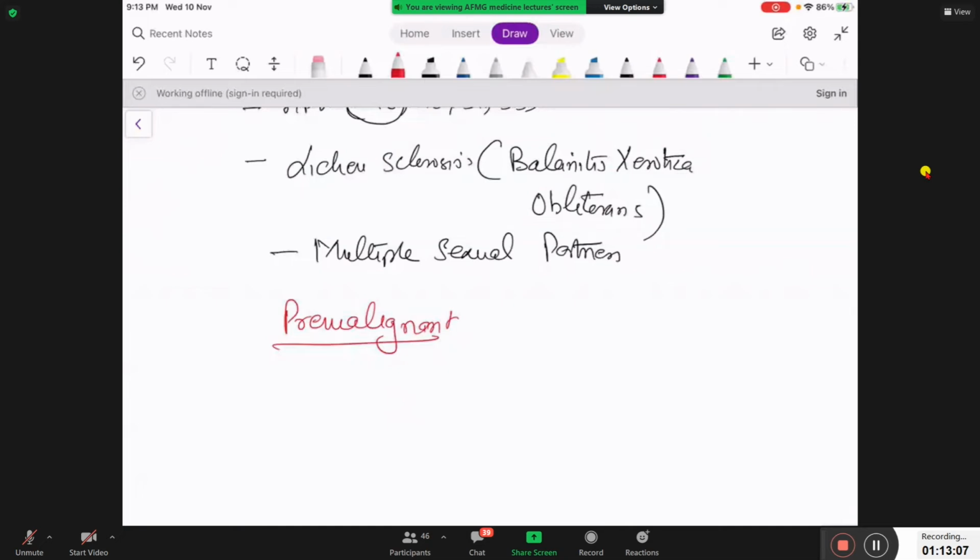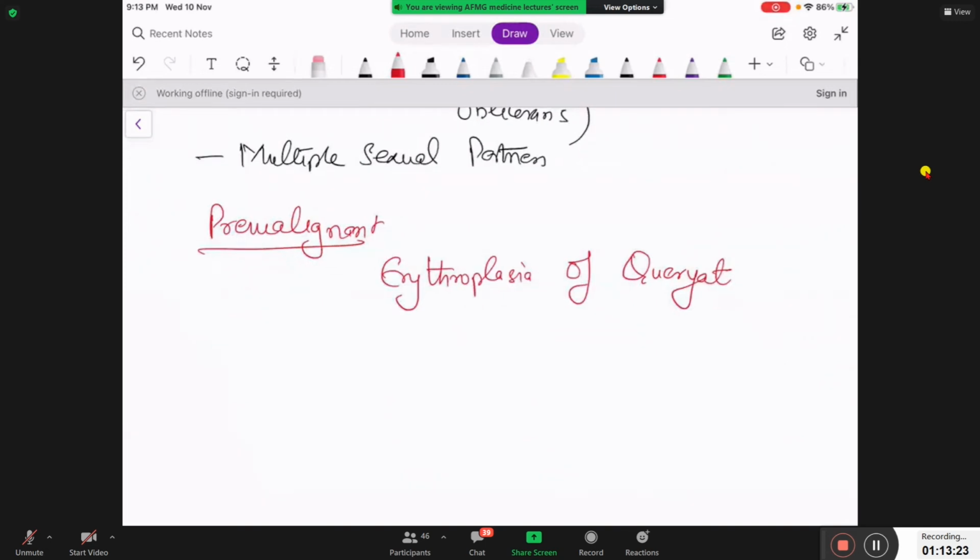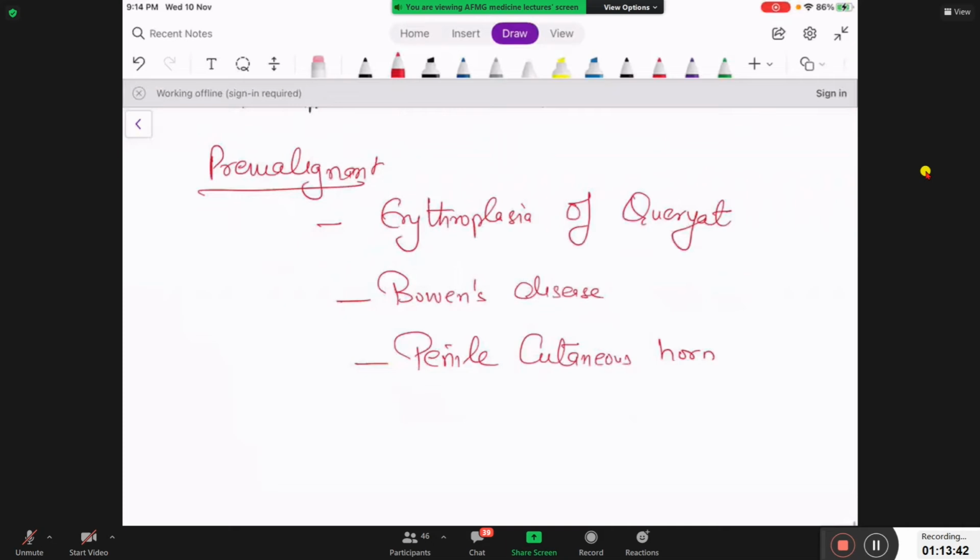The pre-malignant lesions of carcinoma penis are erythroplasia of Queyrat, Bowen's disease, penile cutaneous horns, Buschke-Lowenstein tumor, and condyloma acuminatum.